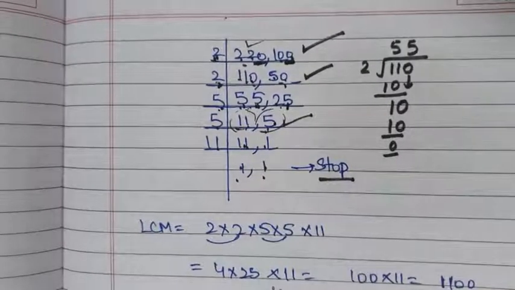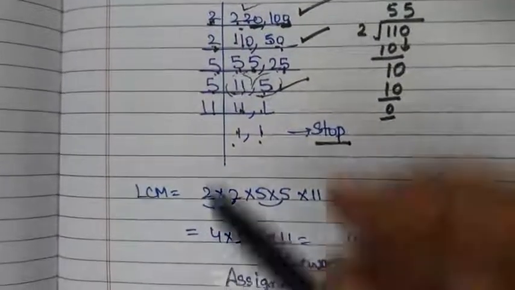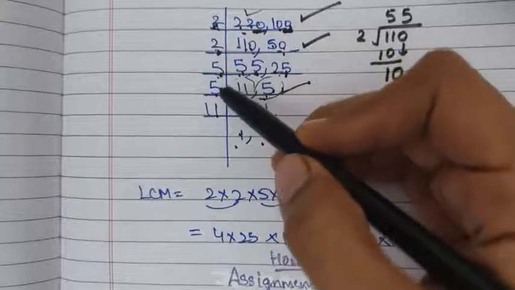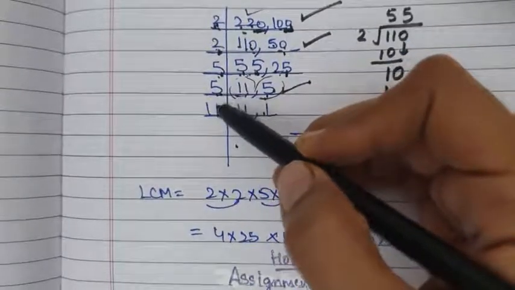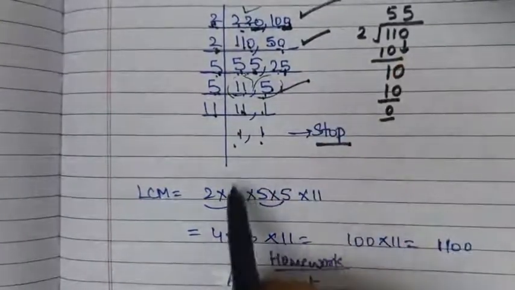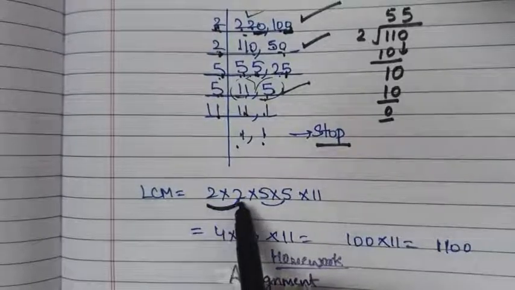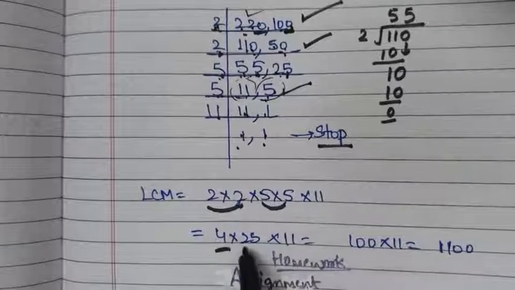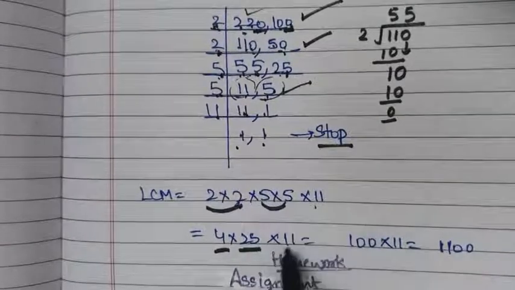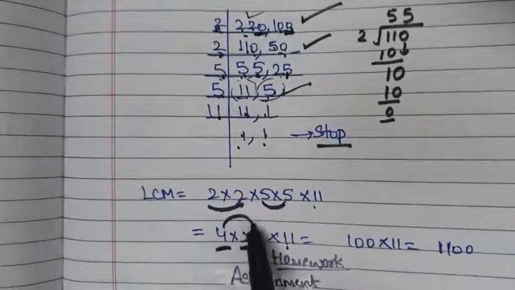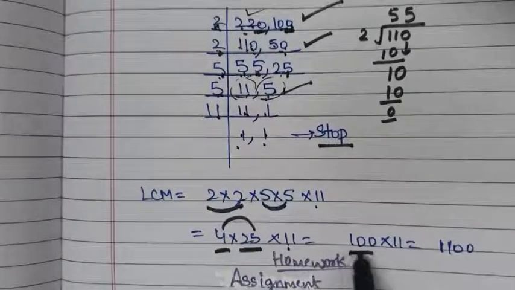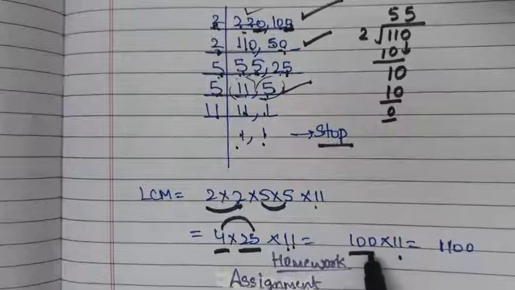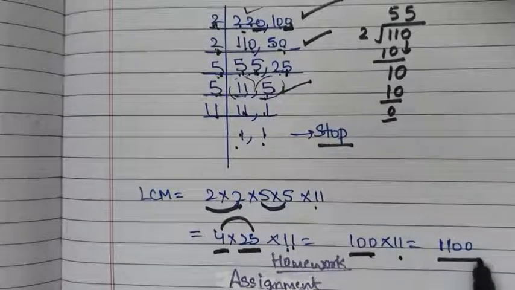So the LCM will be 2 multiply 2 multiply 5 multiply 5 multiply 11. Now take in pairs. 2 into 2, 4, 5 into 5, 25, and then 11. 4 into 25 is 100. 11 as such, and 11 into 100 is 1100.